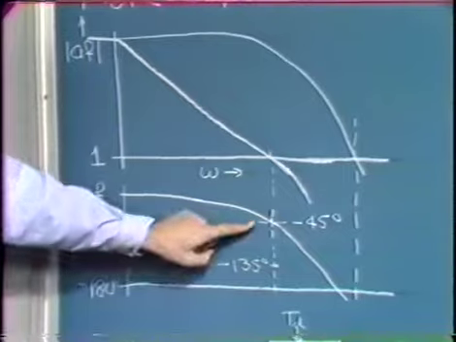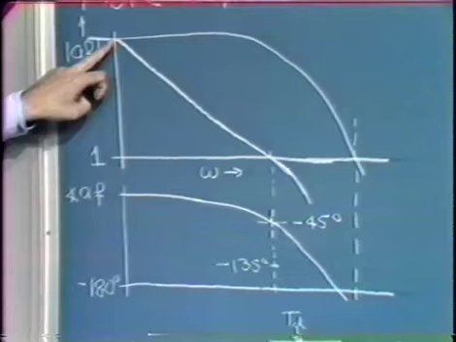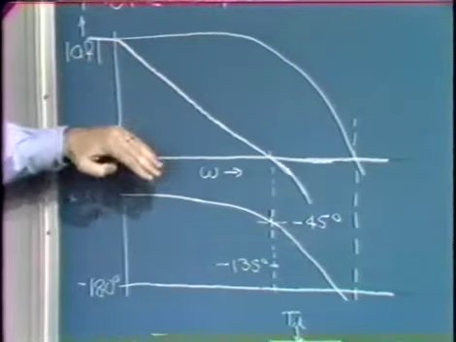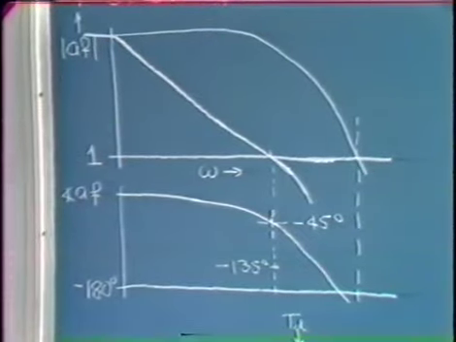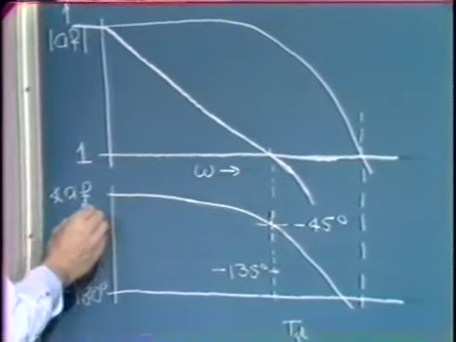The influence on the angle associated with the AF product is simply to add an additional 90 degrees of phase shift. 45 of it occurs at the location of the pole, and then we asymptotically trail off to an additional 90 degrees of negative phase shift. So the compensated angle might look something like so.